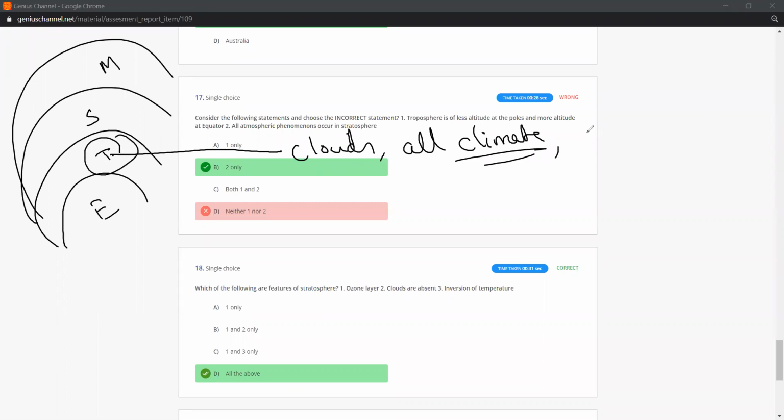Also here something called the normal lapse rate happens, that means temperature decreases with increasing height.